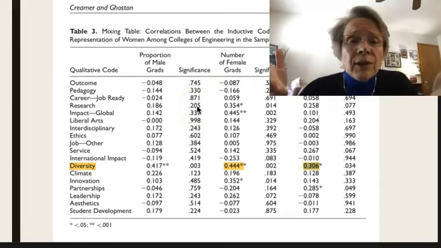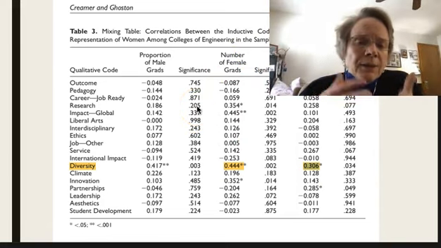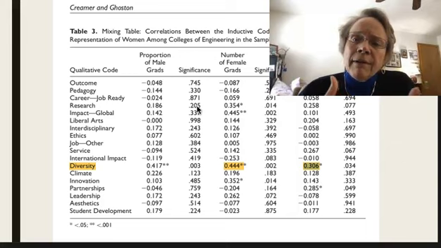Remembering we're trying to get at the question, is there a difference in the values endorsed in institutions that have a higher representation of women than have a lower representation of women?